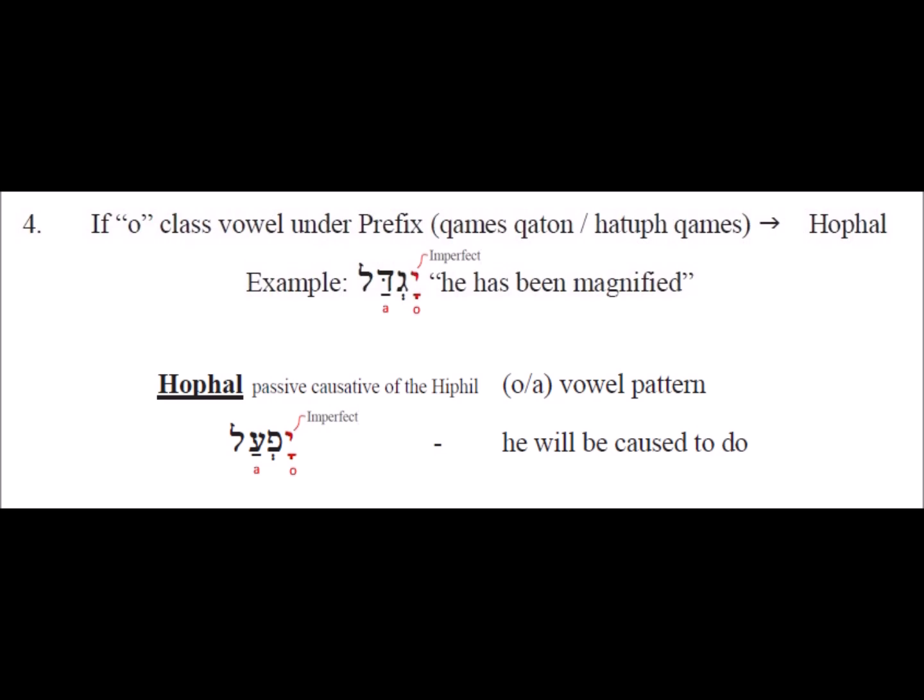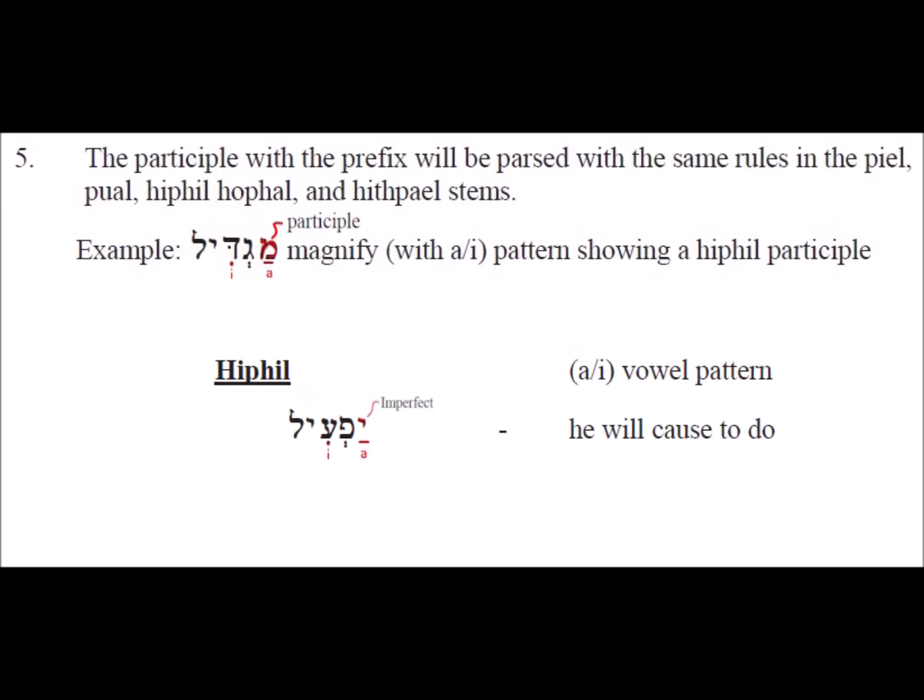Then, rule number 5, the participle will have a prefix beginning with the mem, especially in the Piel, Pual, Hiphil, and Hophal stems. For example, magdil, meaning magnify, shows that we're looking at a Hiphil participle.